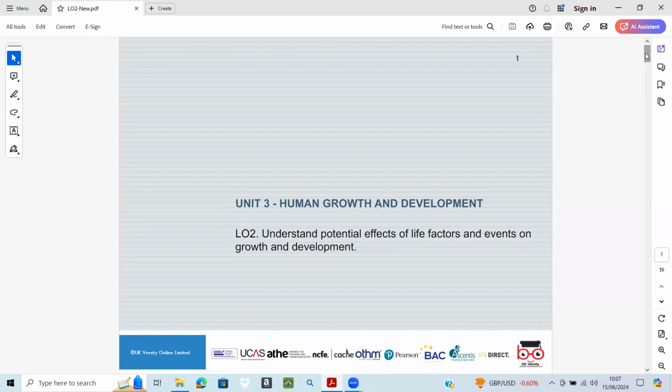And children from lower socioeconomic backgrounds might face challenges such as limited access to quality education and healthcare, and it contributes to potential developmental disparities.